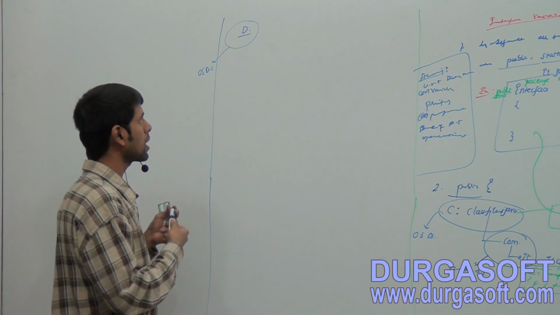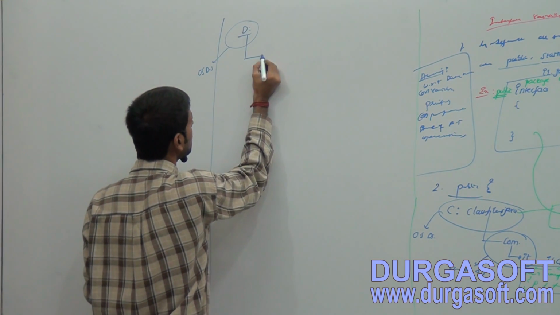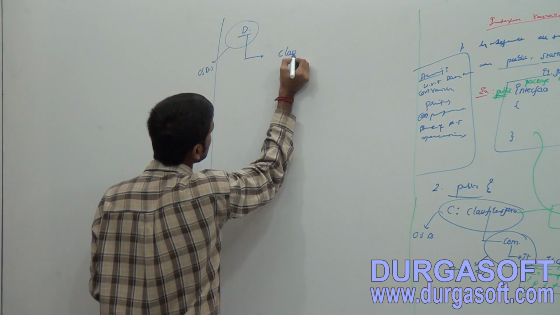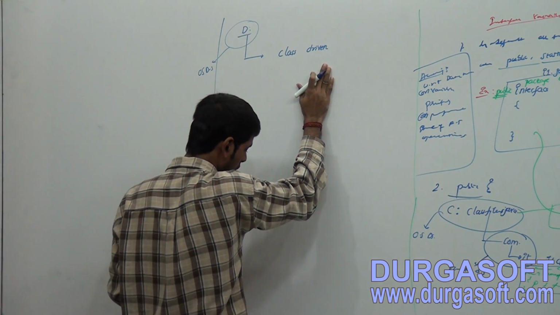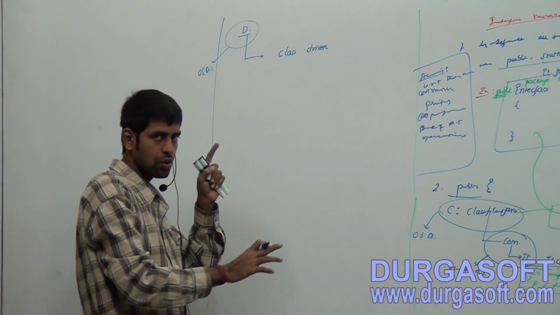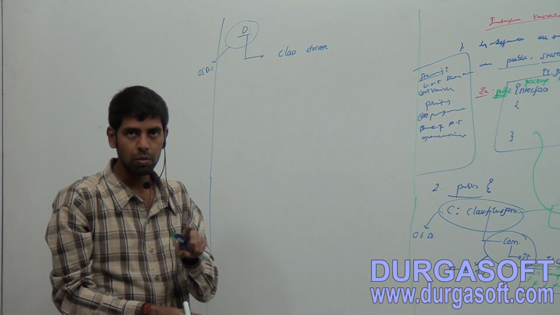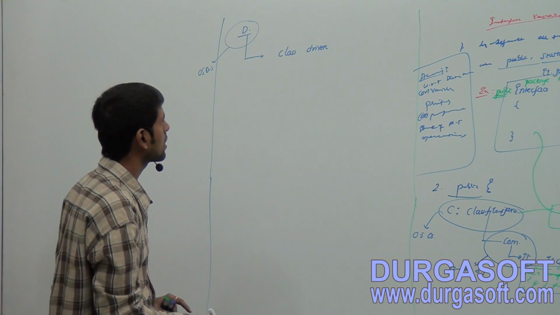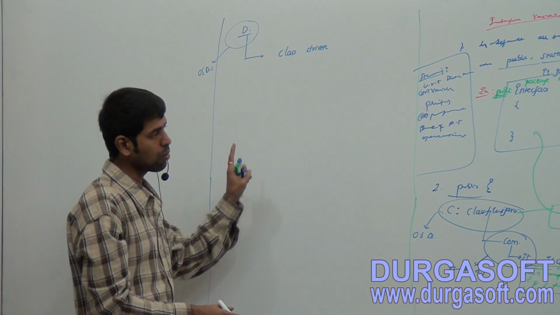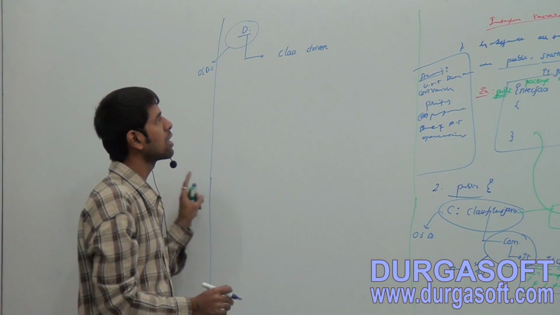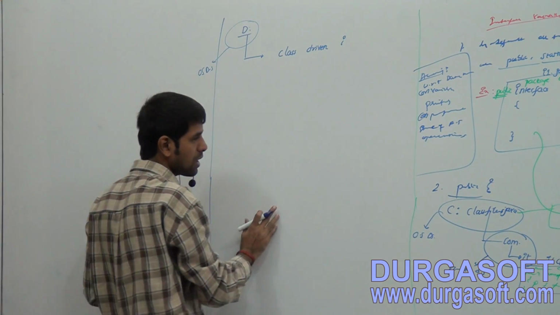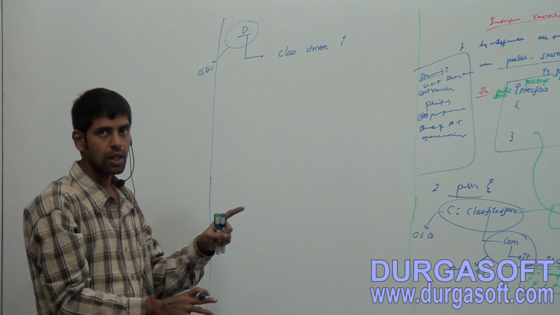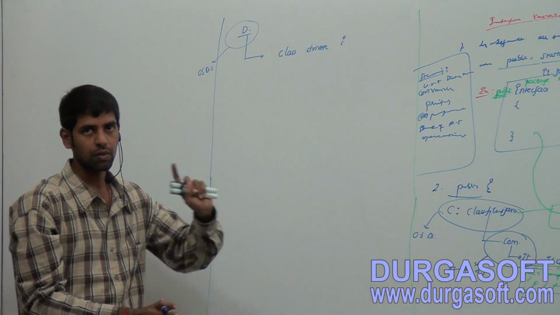Now think that we are having one class called driven. Let me do one thing, I am going to use the same code. This is the implementation class to the I1 interface.